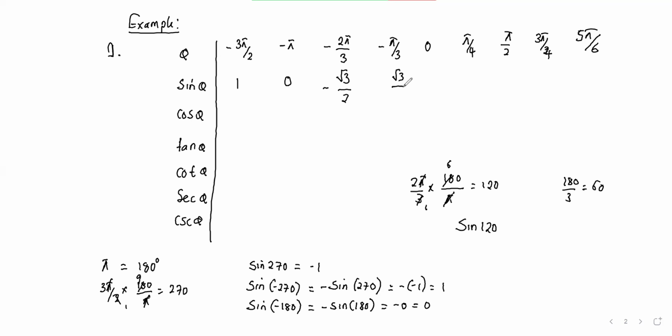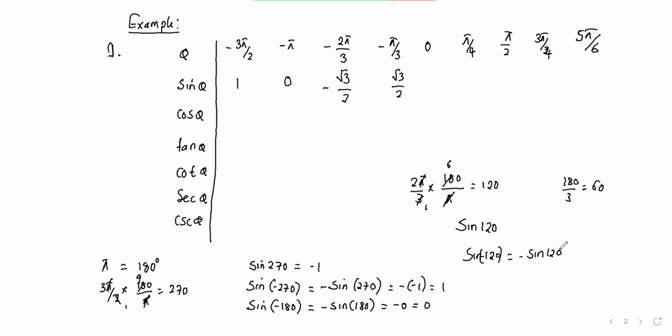Why is it negative? Because of the negative sign in front of the angle. The negative will go outside, and then the negative becomes positive.